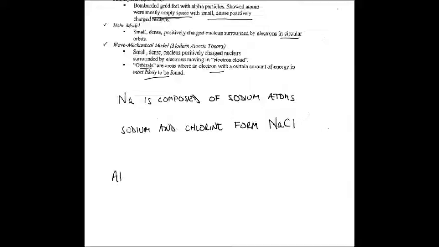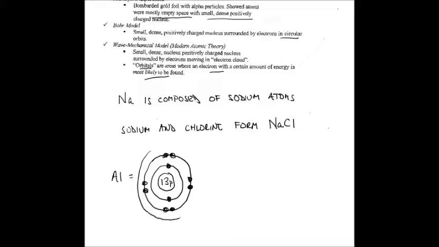Aluminum, if we draw the Bohr model, it has 13 protons. It has 2 electrons in the first shell, 8 electrons in the second shell, and 3 electrons in the outer shell.